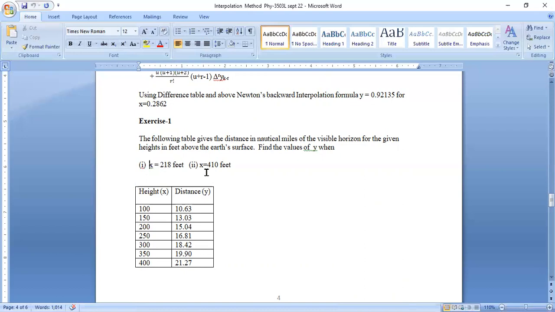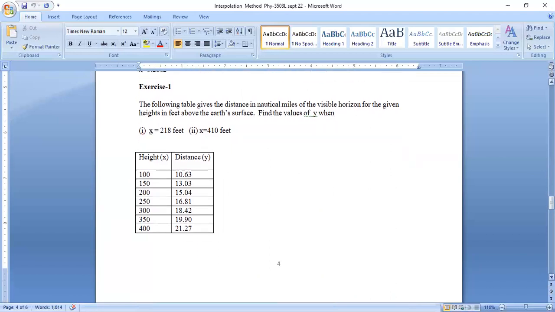And here I use x equal to 410 feet, which is very close to 400, so here your xk is 400, right? So here you can use the backward interpolation formula and find out the value of y when x is 218 feet and x is 410 feet.